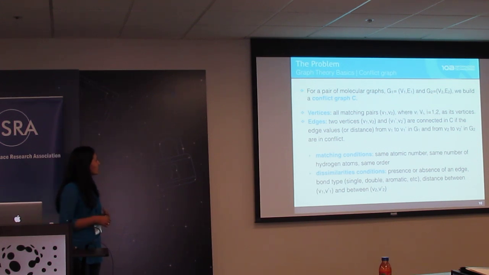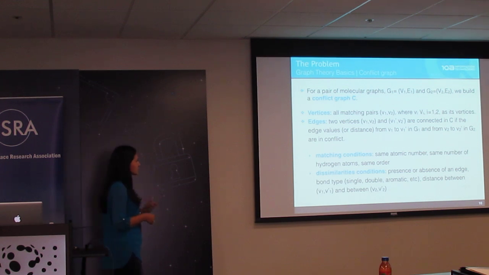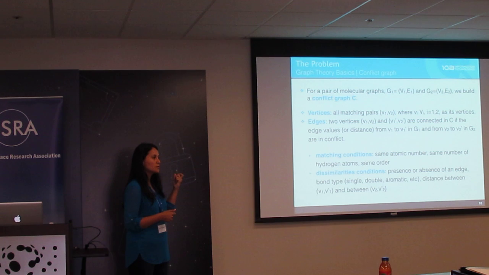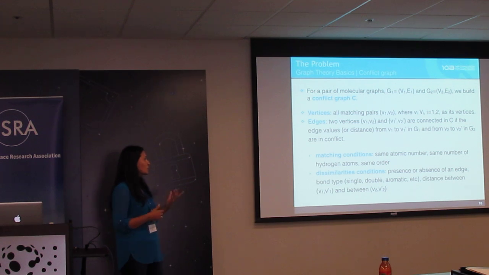So basically, a conflict graph has vertices coming from these original two graphs. If two nodes are matching, you add a node to the conflict graph. The conditions for matching in an atom from a molecule: you can look at the atomic number, you can look at whether they have the same number of hydrogen bonds, or the same order.